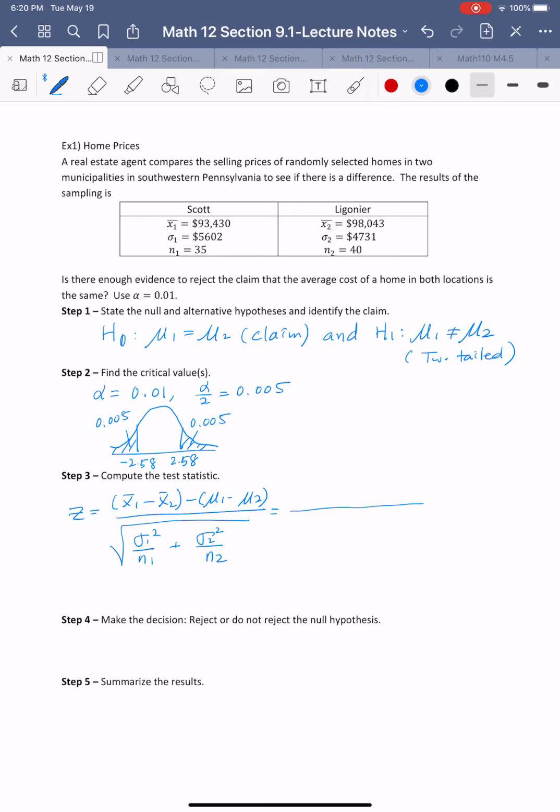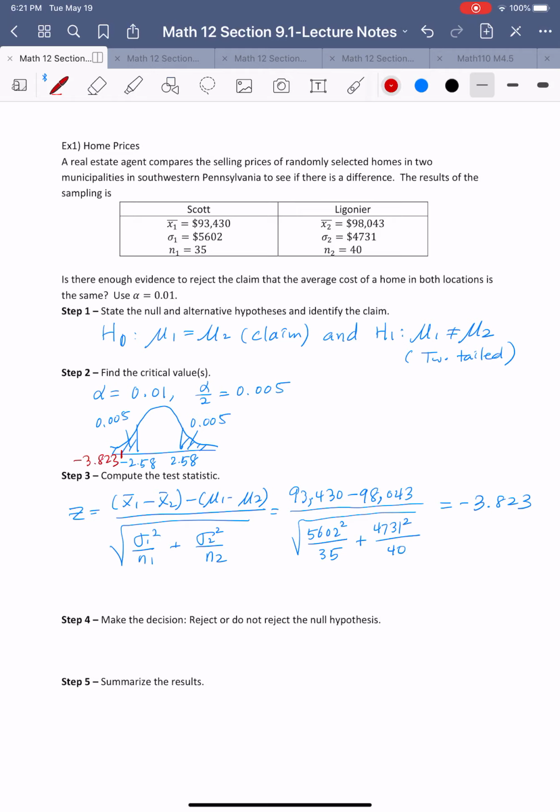If I plug it in, 93,430 minus 98,043 over the square root of 5,602 squared over 35 plus 4,731 squared over 40, which comes out as negative 3.823. So negative 3.823 on the curve is going to be about here.